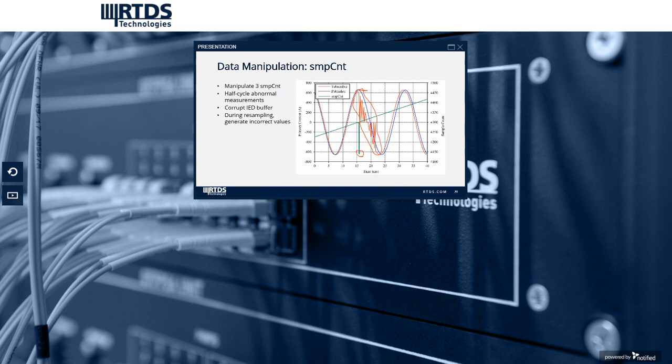So when the IED resamples, the corrupted IED buffer will generate incorrect values for the next half cycle. This is not expected, but this shows the value of GTFPGA-SV. You can do all the simulations in advance and find out those issues and address them in advance.